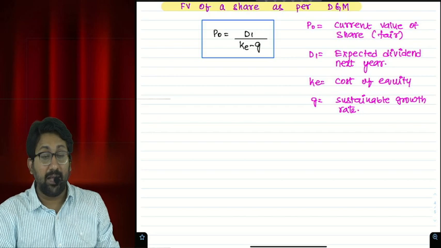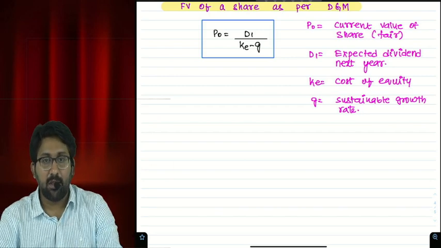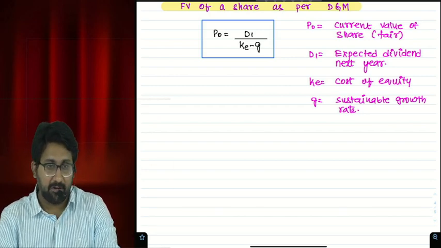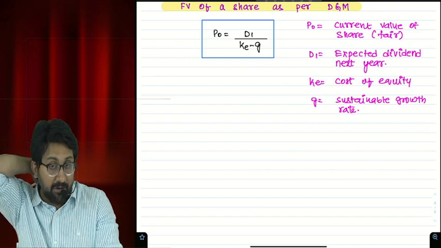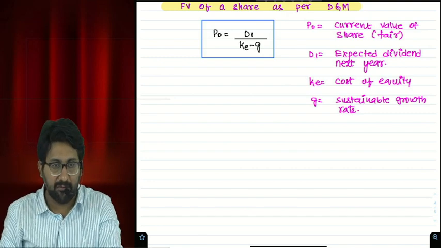D1 equal to expected dividend for the next year. KE equal to cost of equity. G equal to sustainable growth rate. P naught equal to D1 by KE minus G. This is the formula given.